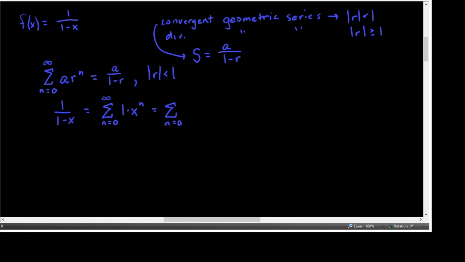So this would simplify to be sigma from n equals 0 to infinity of x to the nth. And you'll notice that I don't have like x minus 2 or something there raised to the nth, so this one is centered at 0, which of course means c is 0.